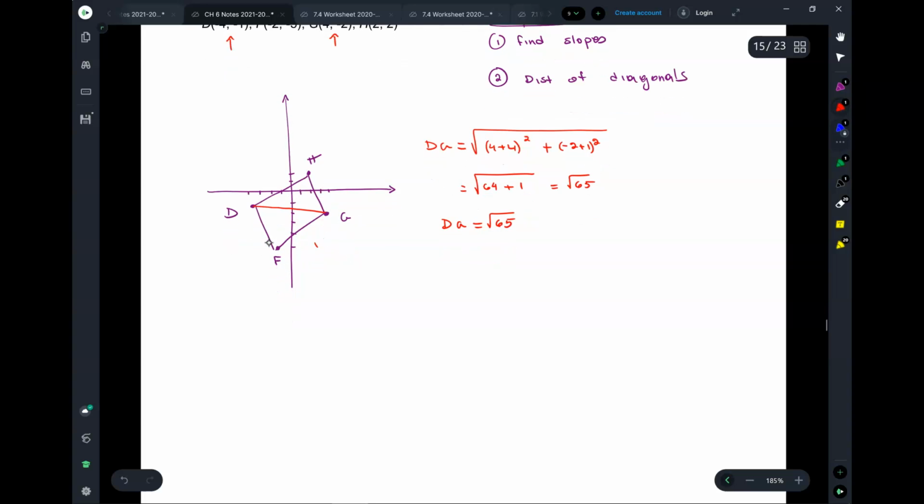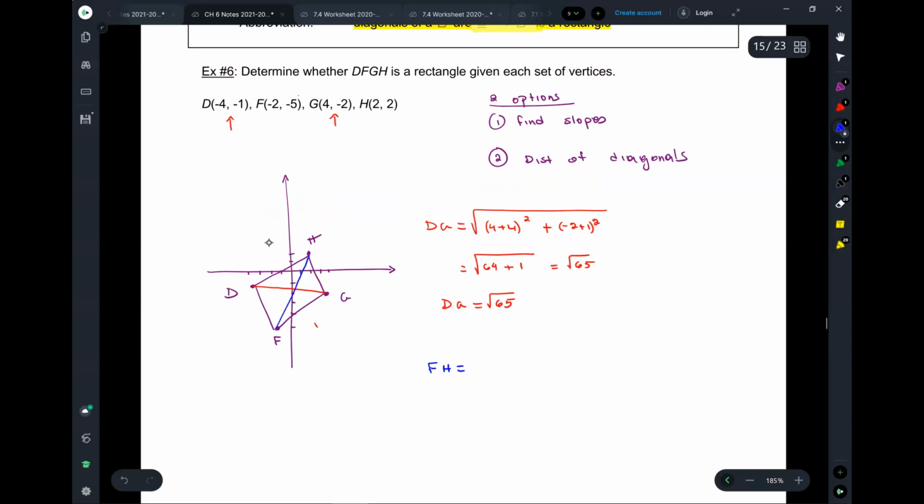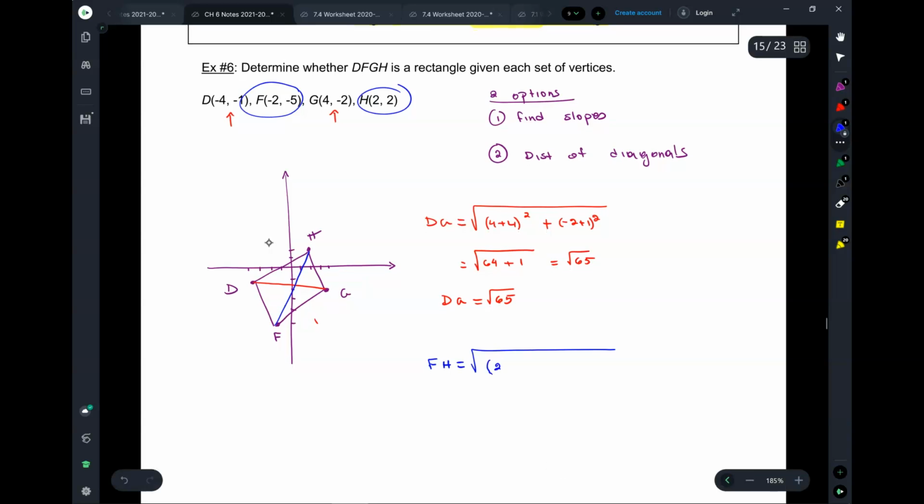Okay. Next, I want to do FH. So FH is this one and this one. So this is the square root of x2 minus x1, 2 minus negative 2, 2 plus 2 squared, plus y2 minus y1, 2 plus 5 squared.